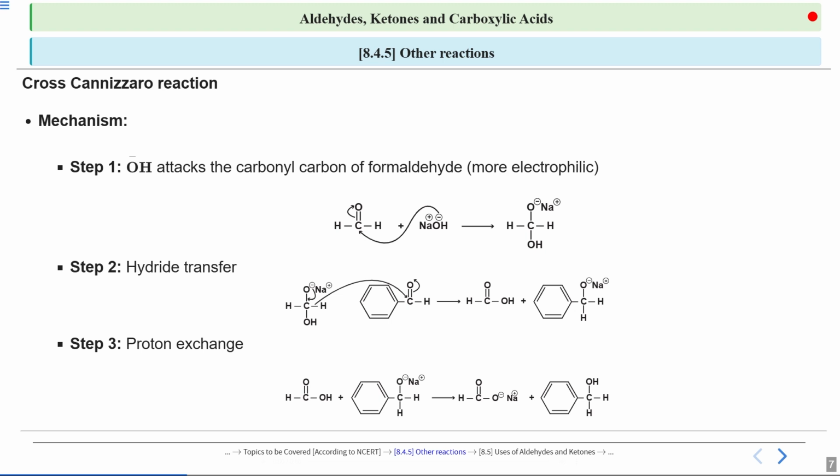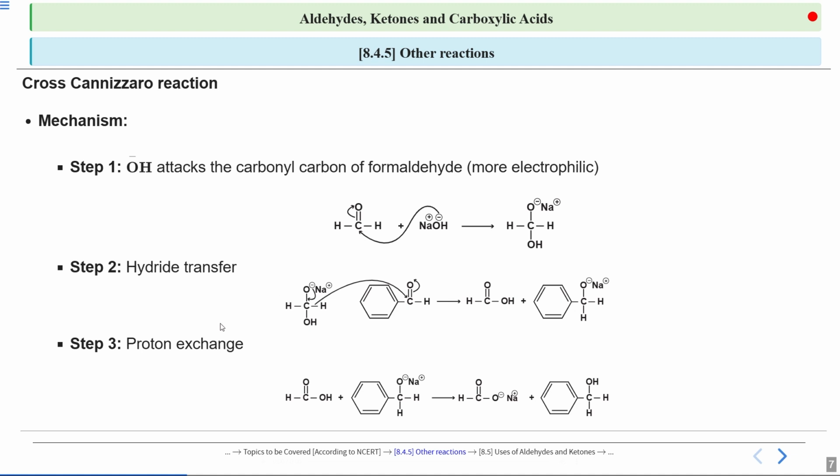From this carboxylic acid molecule, there is a transfer of a proton to this other molecule, so you will get one alcohol and a salt of the carboxylic acid. So there is reduction of the benzaldehyde intermediate to an alcohol.